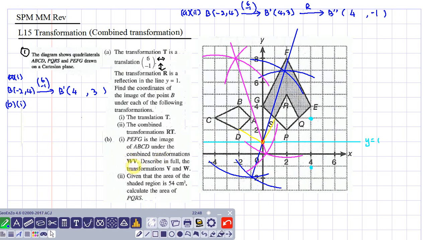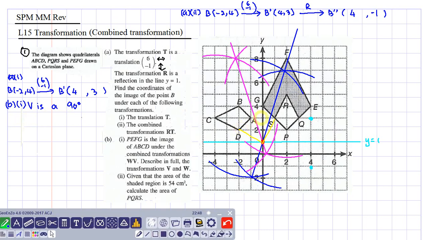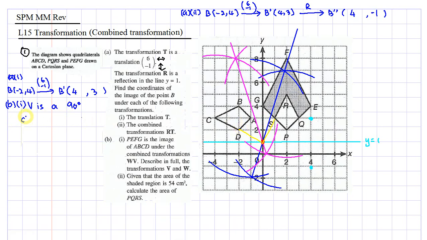So now we are describing the transformation for V. V is a 90 degree, go this way, clockwise.